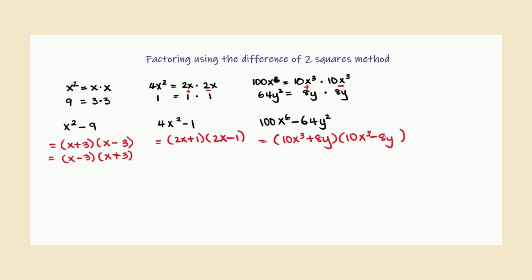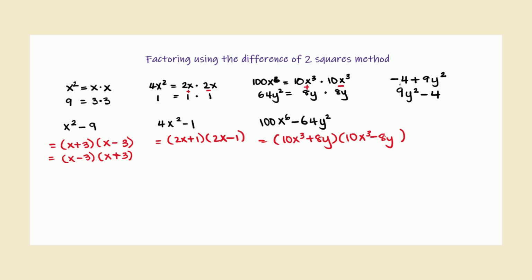You may also see your difference of two squares written in a different order. So for example, negative 4 plus 9y squared. Now the sign of the 4 is negative and the sign of the 9y squared is positive. So I can rewrite this as positive 9y squared minus 4.